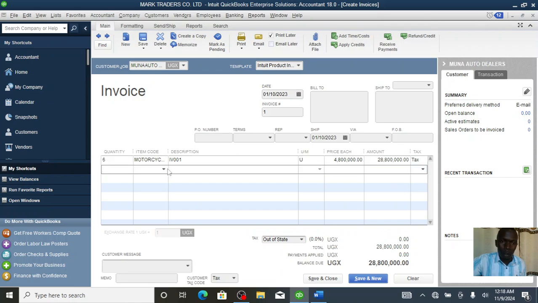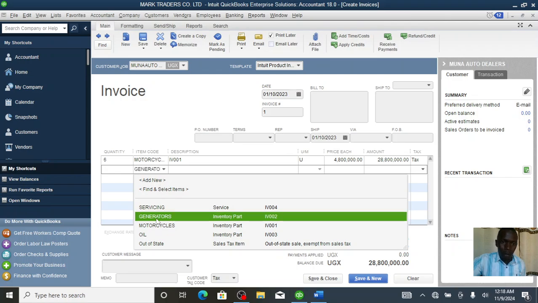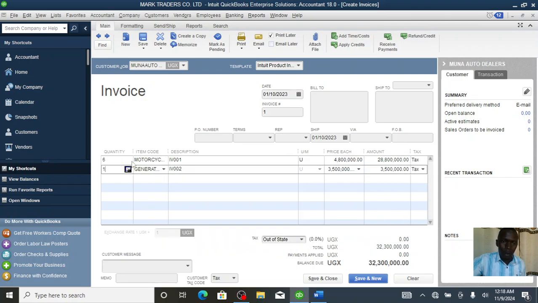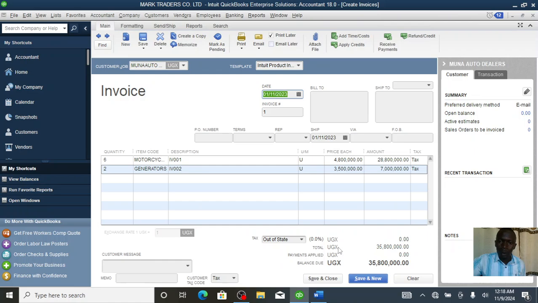We go to the next, which is the generators. Our quantity was 2. The date is 11th. And discount. So then we save and close.